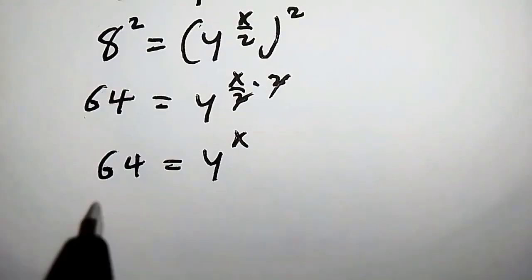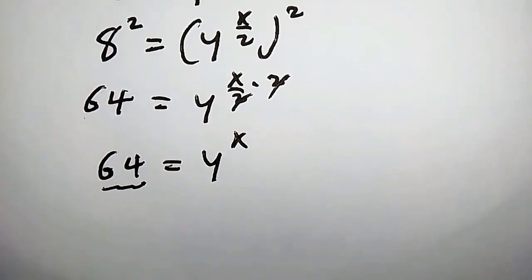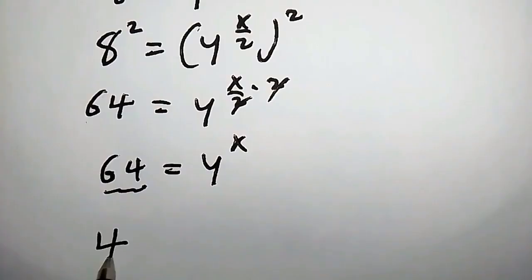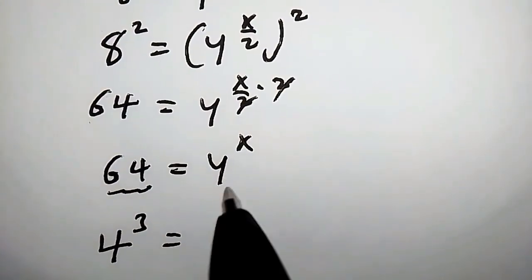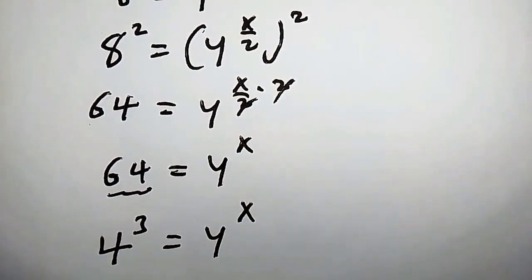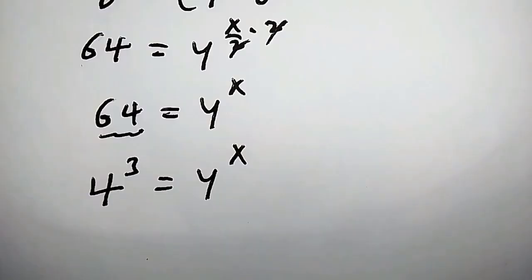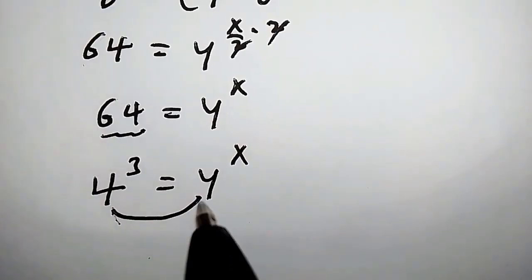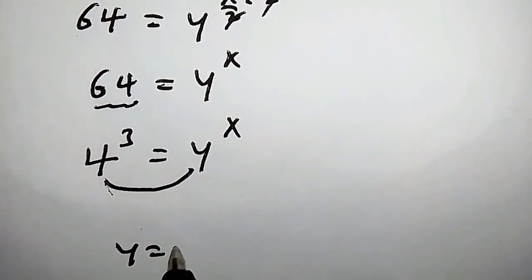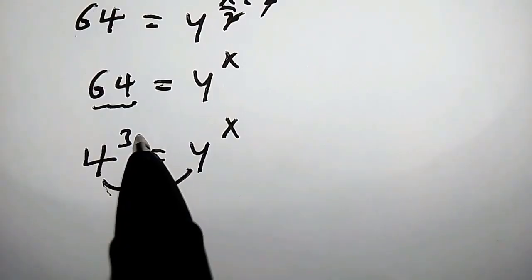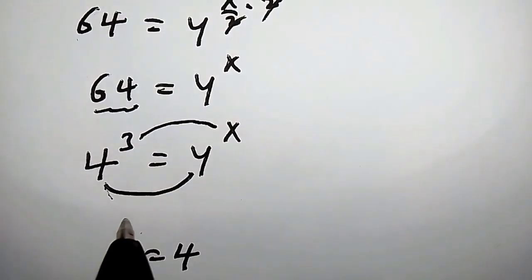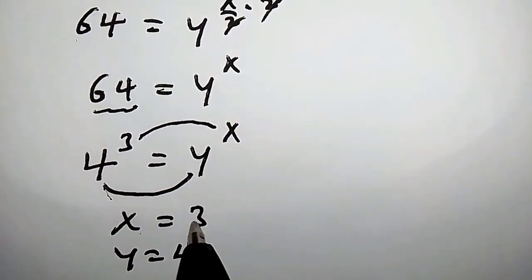You will see that this 64 could be written as 4 to the power of 3 equal to y raised to x. Similarly, if we compare the base, y is equal to 4. And if we compare the power, our value of x is equal to 3.